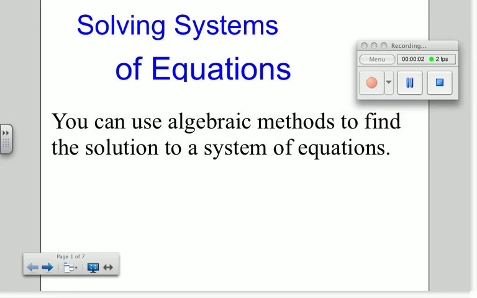These past few days, we have been solving systems of equations by using the graphing method. Today, we are going to focus on the algebraic method sometimes used to solve systems of equations. This method we're going to use today is the substitution method.